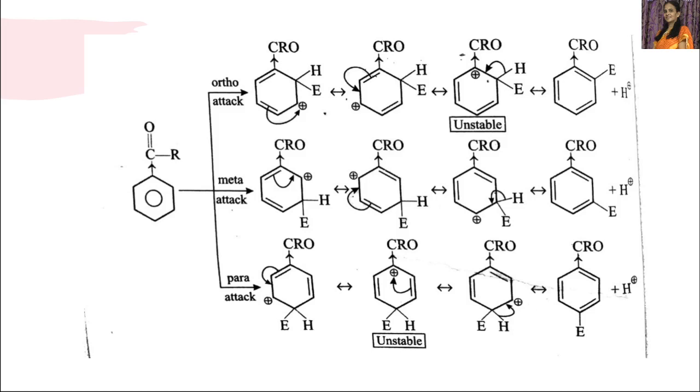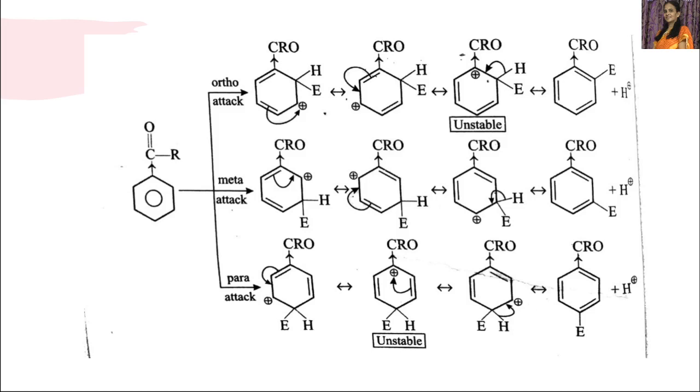And we know that the C double bond O group, that is the carbonyl group, ketone or aldehyde, is a minus I group or minus M group, that is it withdraws electrons from this particular bond. Then the positive charge on this particular carbon increases and the structure is destabilized and an unstable structure is produced. Because of that reason, this is not favored. That is, electrophilic substitution at the para position is not favored.